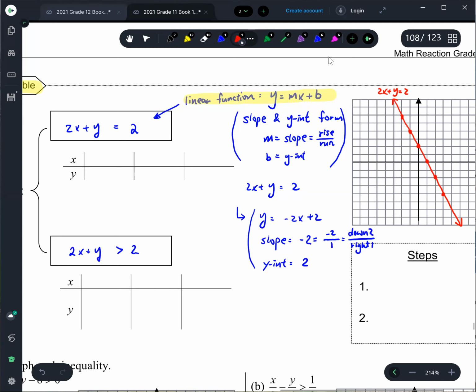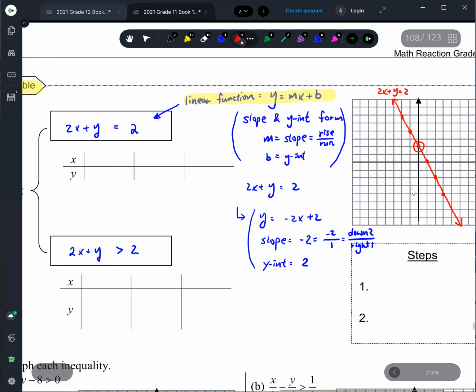Kat asks us, why do we start on 2 and not starting from 0, 0? Can someone help us with that? How come we started with 2? That's our first point. Where does that come from? Anyone? Y-intercept.